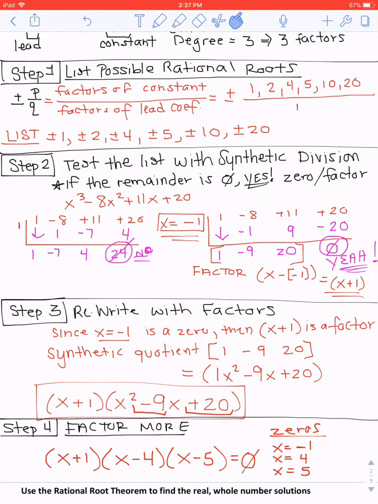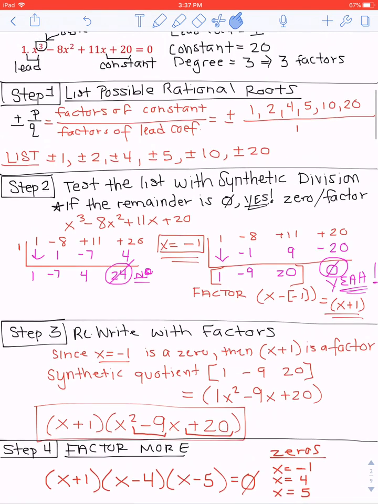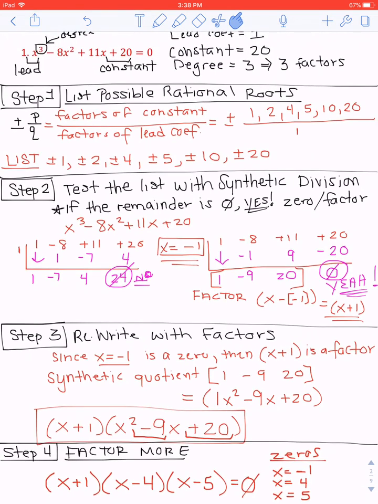So, crazy process. It's long, and unfortunately it's not even the longest one that we'll do. This is actually a very, very basic one. But it's a 4-step process. After you identify your lead coefficient, your constant, and your degree, step 1, list your possible rational roots using that rational root theorem.